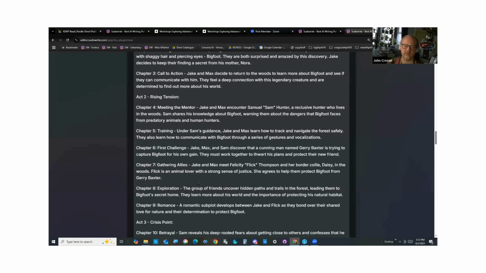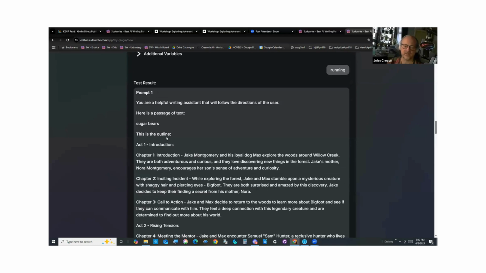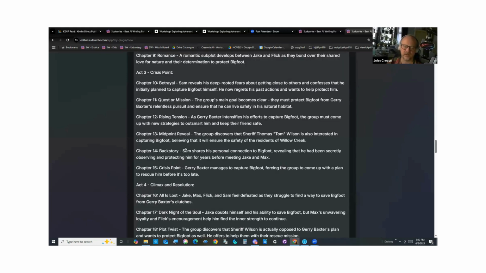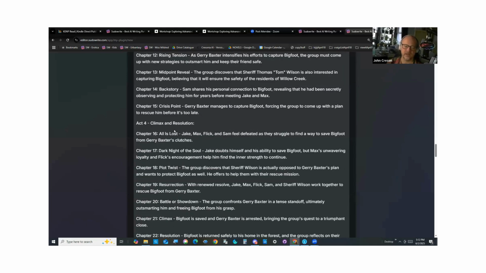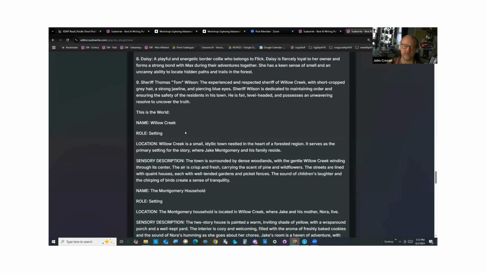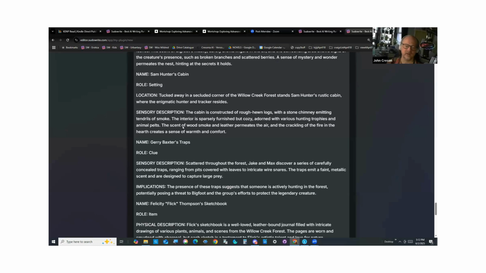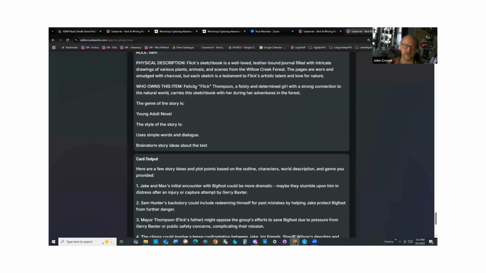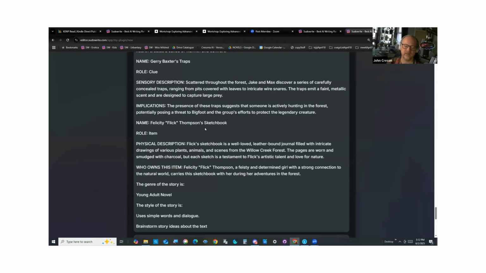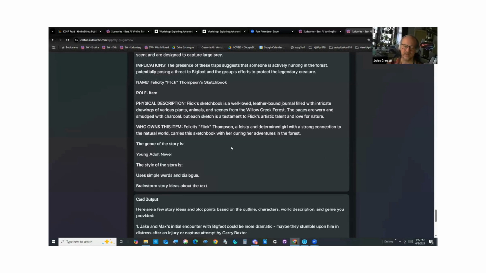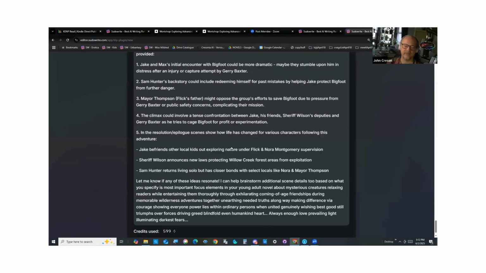This is Patchet Chest Sugar Bears. This is the outline. It's been given this entire outline. It has nothing to do with Sugar Bears, of course. And this is the world, which is Willow Creek, so it's all the worldbuilding cards. And then it's the character cards. So it's all in there. The story, the genre, the style, is brainstorm ideas.